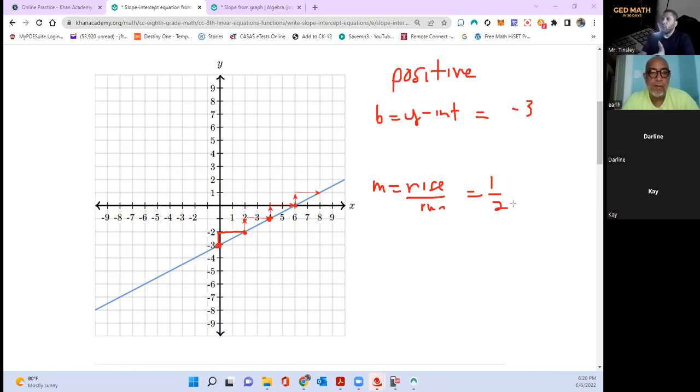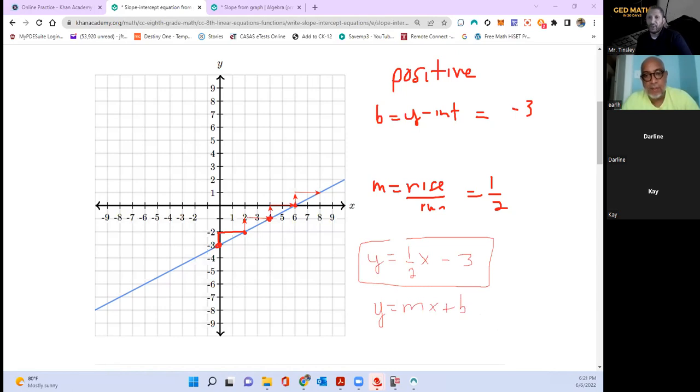Okay, so if my slope is 1/2 and my Y-intercept is -3, what's going to be my equation of the line? Y equals 1/2 x minus 3, because what we want to remember is we want it to be in the form y equals mx plus b.